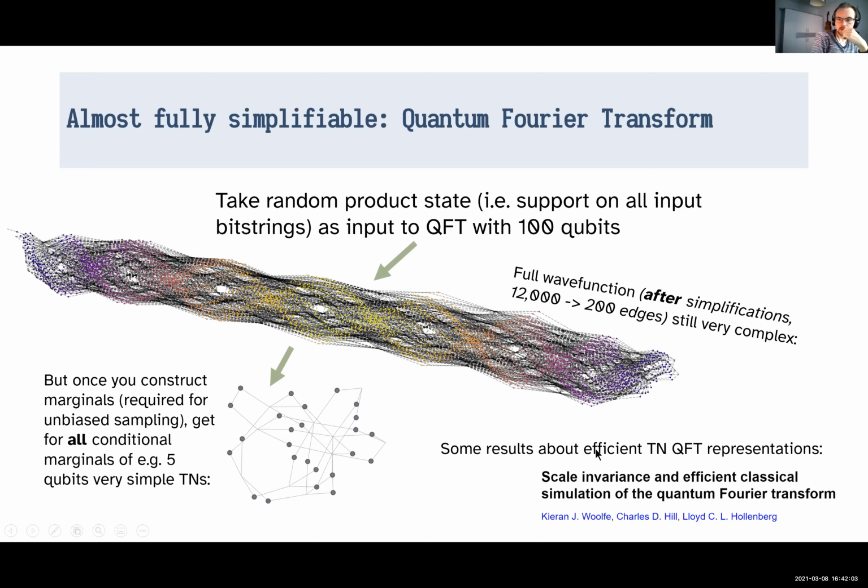Johnny? Yeah. Maybe this is getting too much into the woods, but how do you take a marginal in your approach? You create the double sandwich of psi and its conjugate, and then you have all of the indices at the interface. Either those are traced out, which are the ones you haven't measured yet, or you cut them and fix them at certain values, which is your result so far, or you take the diagonal of them, which is like extracting the diagonal of the remaining density matrix.